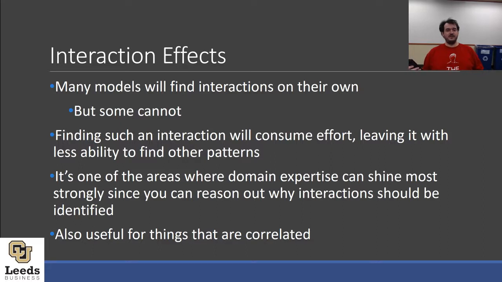So using domain expertise allows you to select useful interactions and only consider those. Finally, interaction effects are useful in trying to handle when variables are highly correlated with one another.